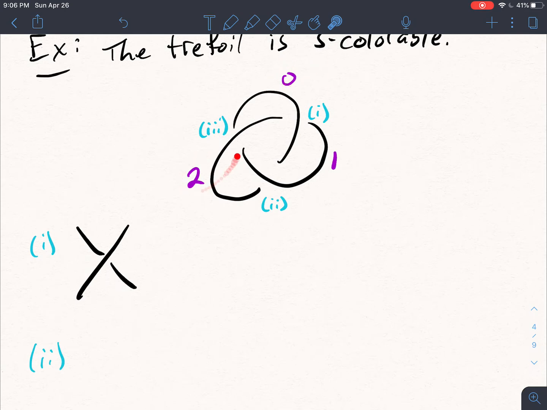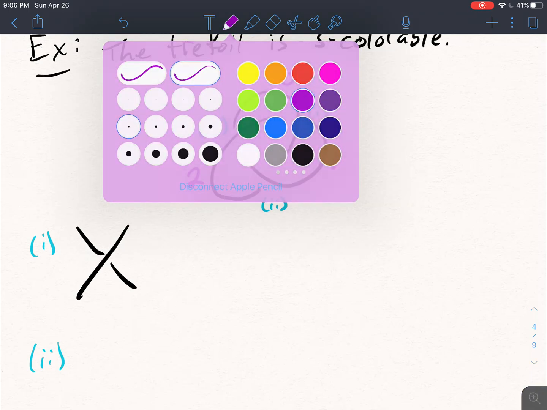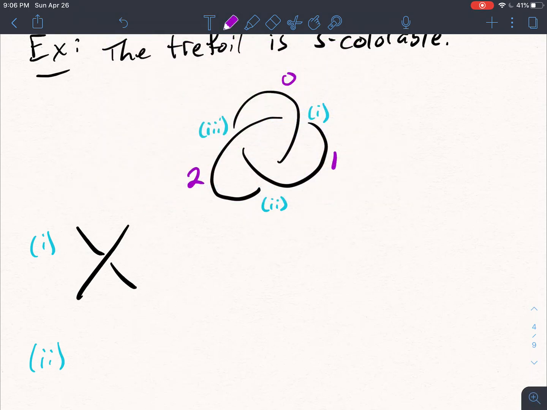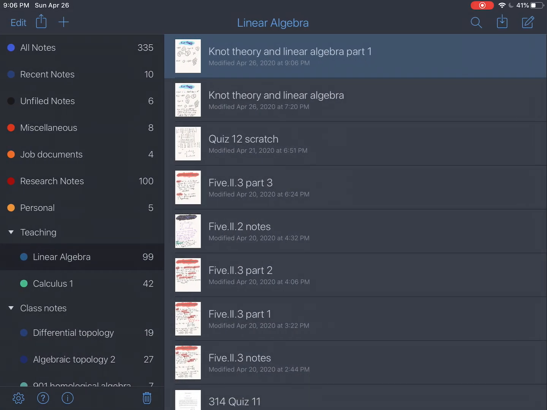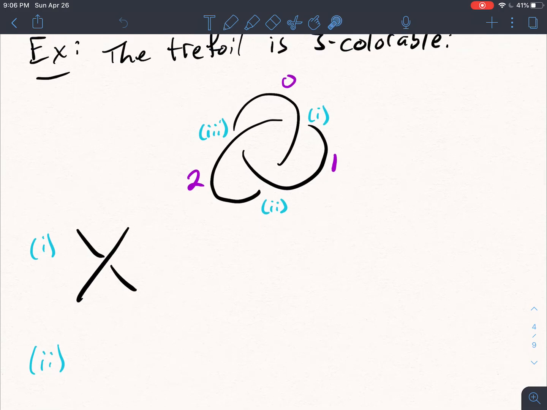Okay, so let's zoom in on each crossing and figure out what our equation should be. So keep in mind that I'm giving you the 3-coloring right here. You won't necessarily always be given a coloring of something and told to verify it, but more on that later.